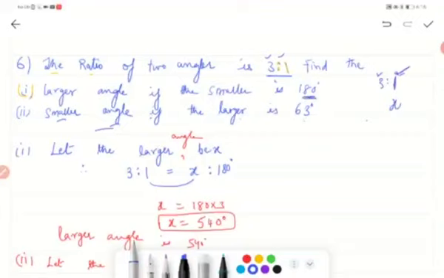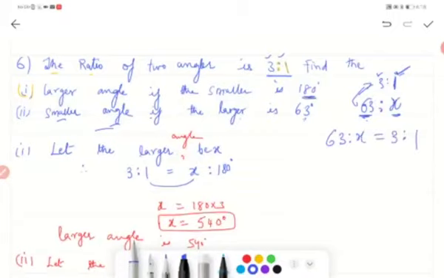My larger angle given is 63 degrees. So I can represent the ratio of larger angle to smaller as 63:x, where x is unknown. These two ratios are in proportion. So I will take 63 is to x is equal to 3:1.